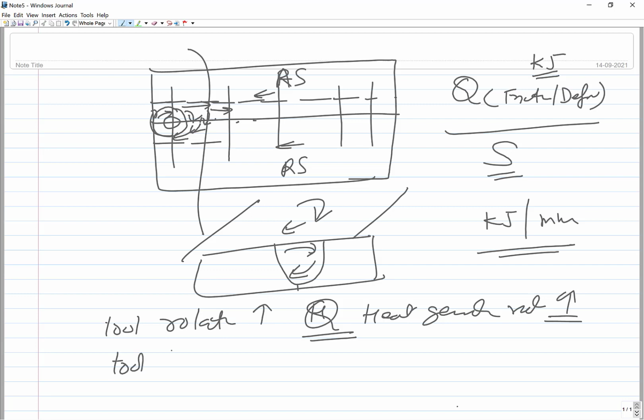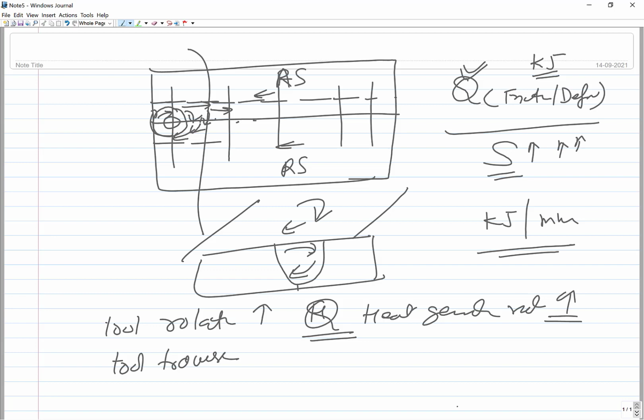Similarly, when the tool traverse speed, or you can say the workpiece traverse speed, is increased, so for a given RPM, if you are moving the tool at a very fast rate, then certainly the value of the net heat input, that's kilojoule per mm, will be reducing.